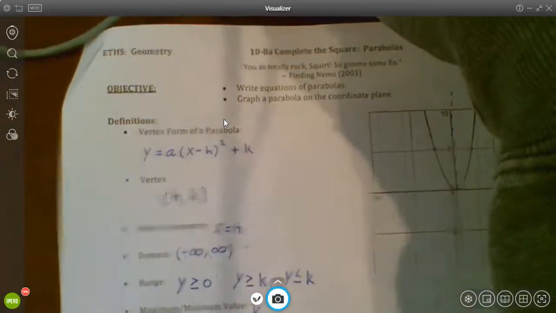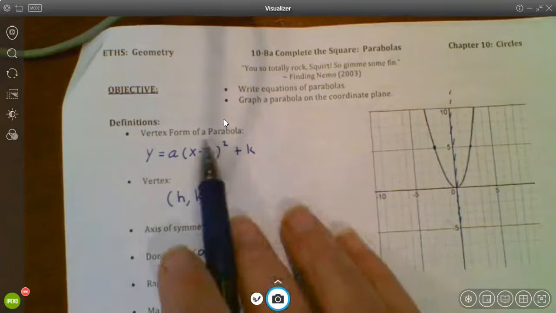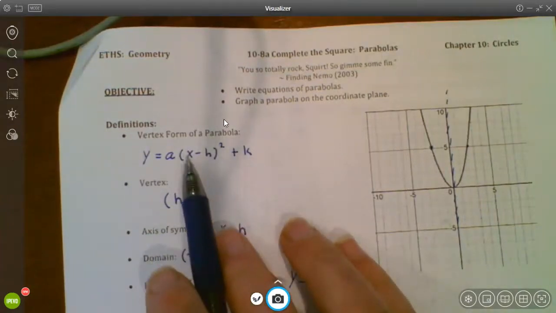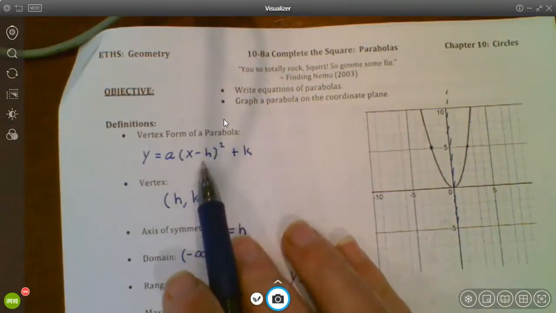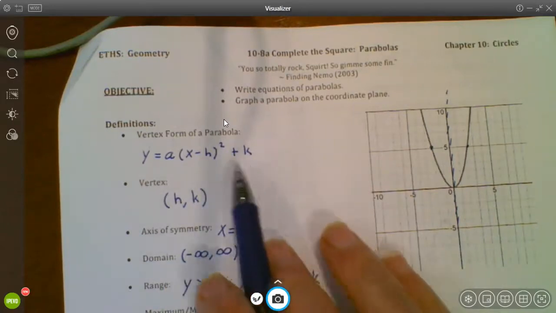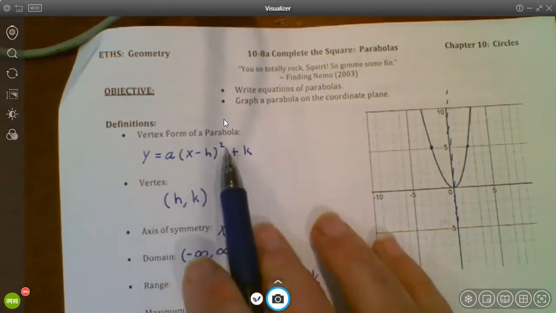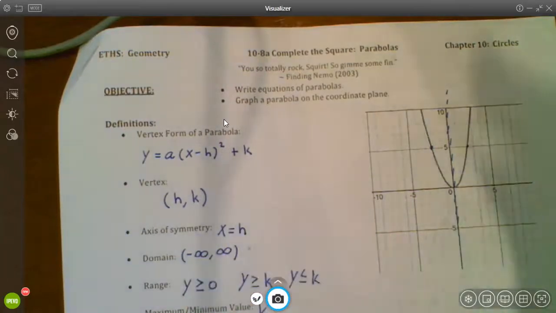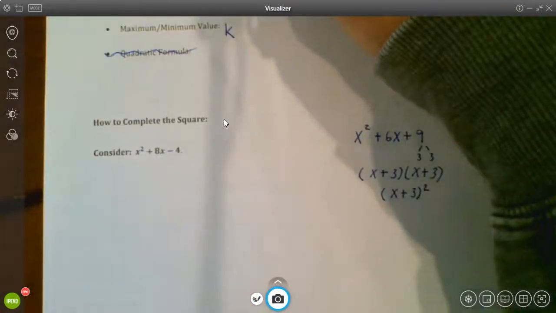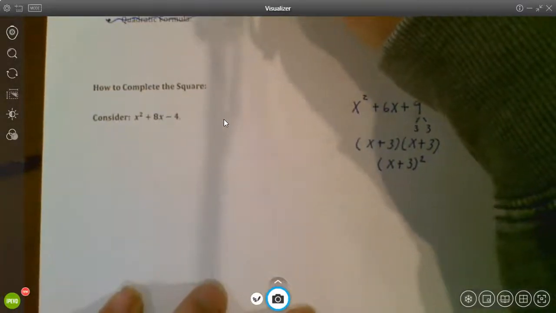That's what we're looking for when I have a quadratic like this. If you go back to vertex form of a parabola, this is the look that I need in order to know what my h value is and what my k value is. So we are trying to create this scenario. That's the goal. Right now in this problem, they're not giving it to me in that format.